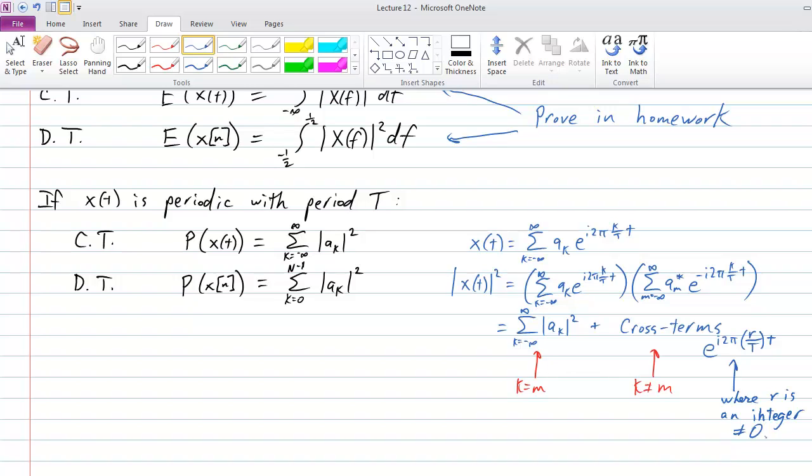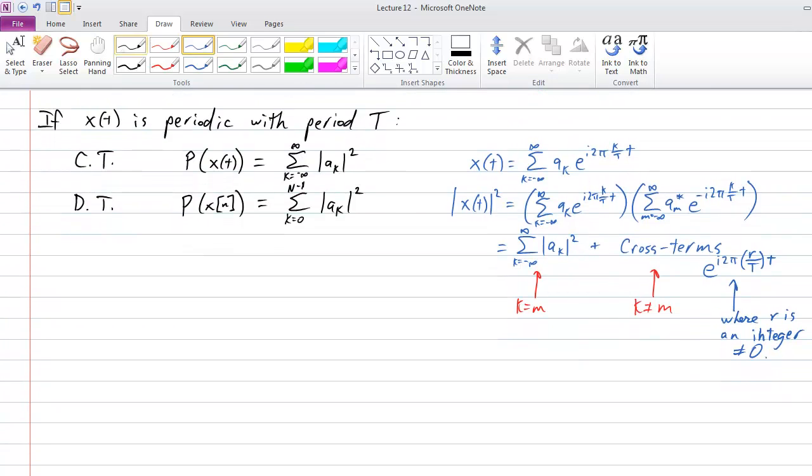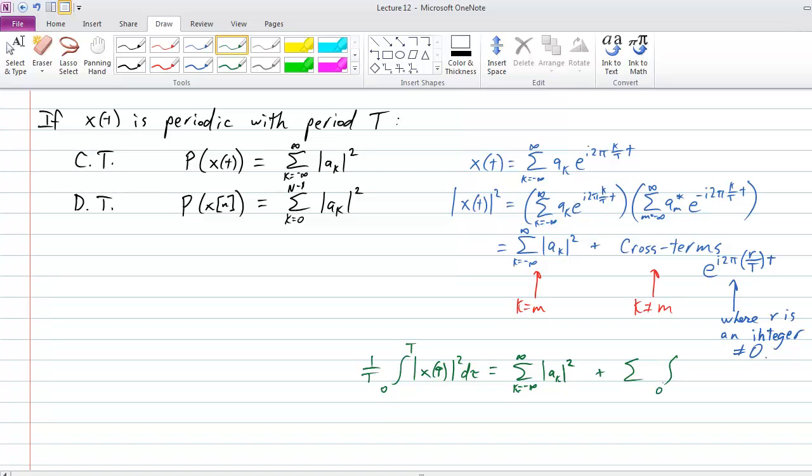So when we integrate, what we're going to do in the end here is we're going to say integral from 0 to T, 1 over T, that's going to equal this first term here, which is just going to come out because it's constant, plus you're going to get some sum, and you're going to have an integral from 0 to T. Let's say 1 over T here.